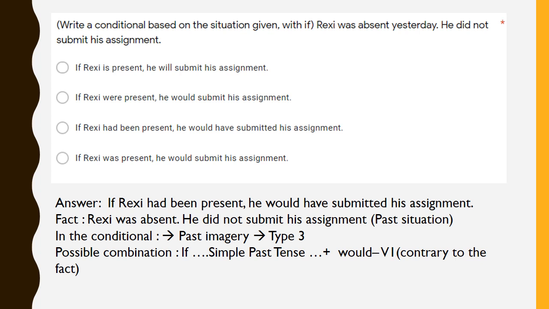He did not submit his assignment. Or, it shows past situation. So in the conditional, it shows past imagery or type 3. And the possible combination is if simple past tense combined with would verb 1. And it is contrary to the fact.